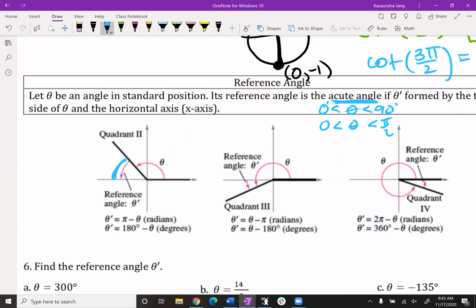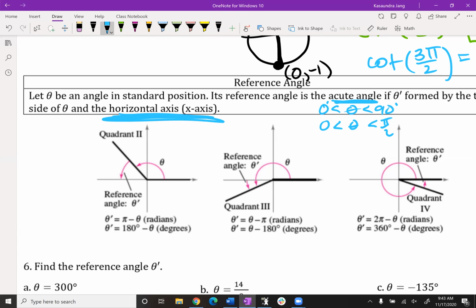That is now between 0 and 90. That's between 0 and pi halves. Even if you went past your 180 degrees, I'm just going to get this little reference angle to the x-axis. It was not going to the y-axis.